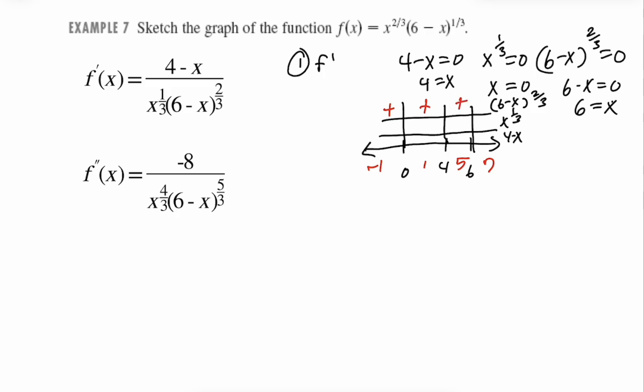Now, here's the one that's weird. If you plug in 7, you get -1 in parentheses. But let's think about what a 2/3 power means. A 2/3 power: the 2 is going to square it.